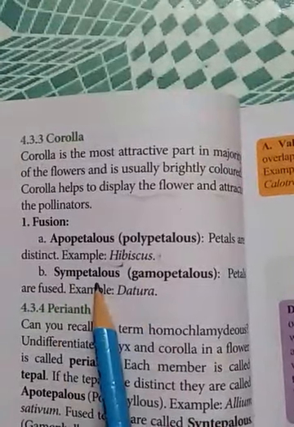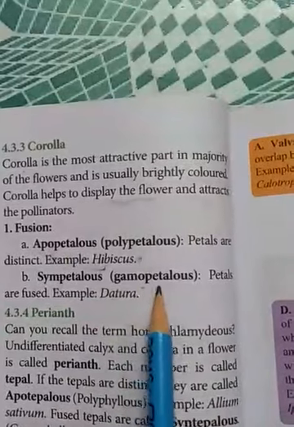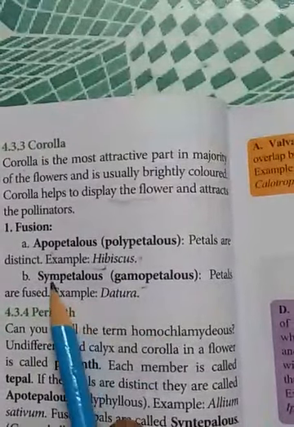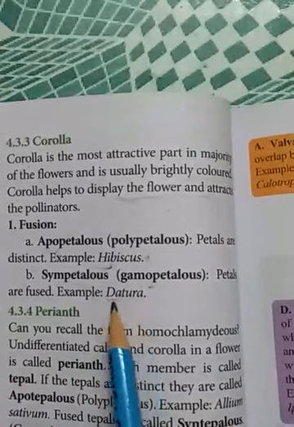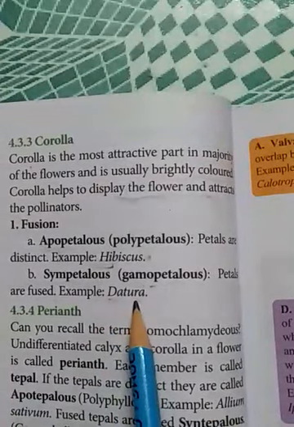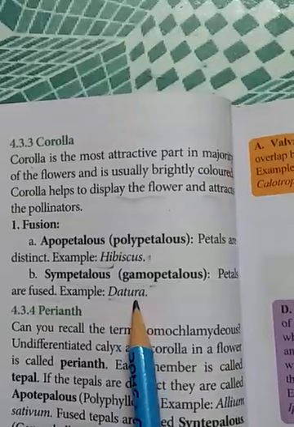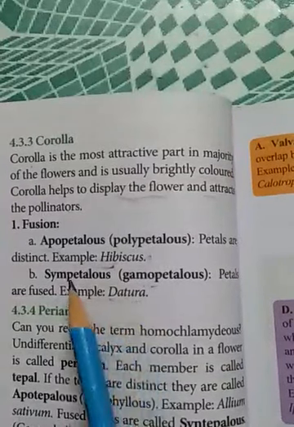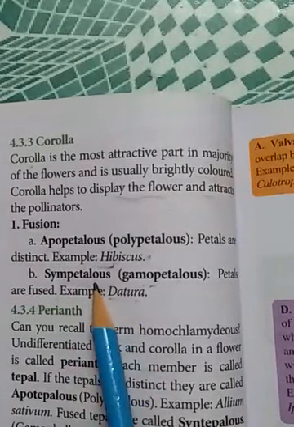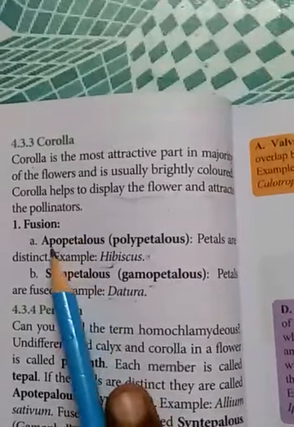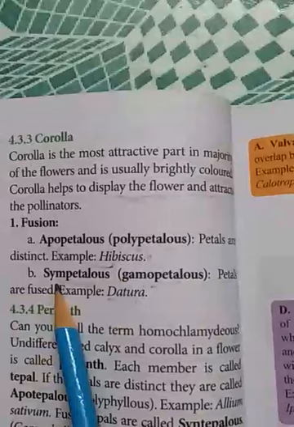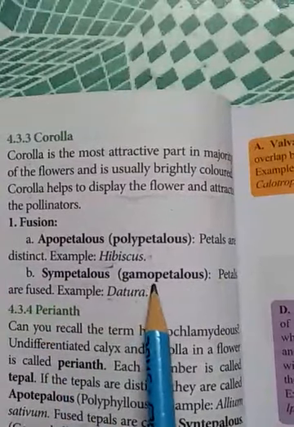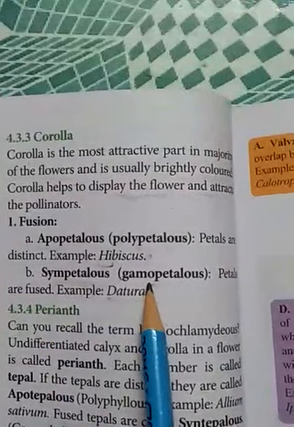Next, sympetalous: when the petals are fused together, then we call it sympetalous or gamopetalous. This you can find in Datura flower. In Datura flower, all the petals are fused together to form a funnel-like structure. So then it is called sympetalous. So when the petals are free, we call it apopetalous or polypetalous. When the petals are fused, we call it sympetalous or gamopetalous.